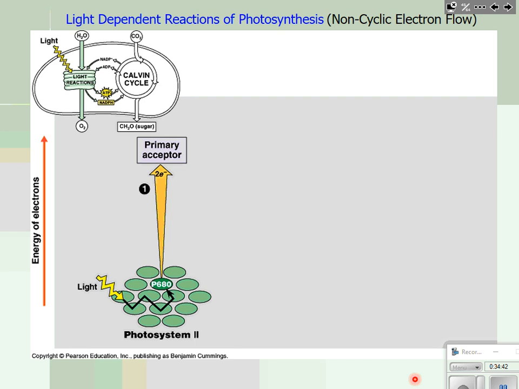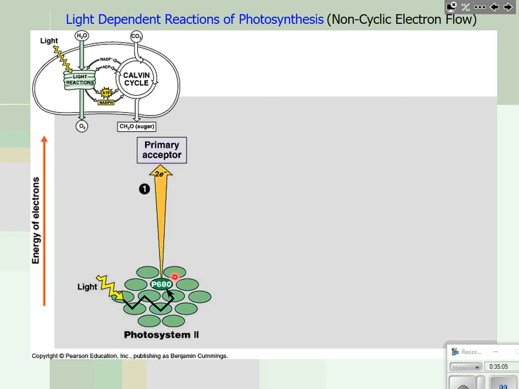Okay, I'd like to finish our lesson today by walking you through the steps of the light-dependent reactions of photosynthesis. Remember, this is the first half of photosynthesis. This is what happens within the thylakoids inside the chloroplast. So let's look here. This is called photosystem 2.